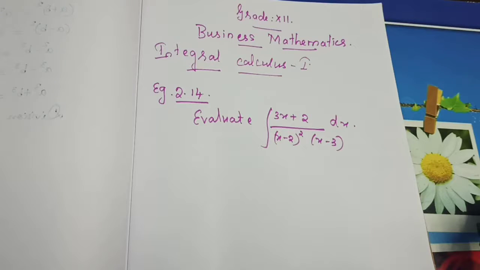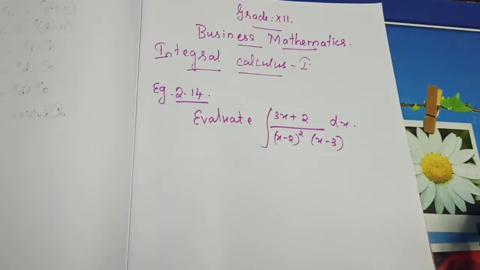Before we start this question, last year, in the second unit, you learned partial fractions. In our last class, I asked you to go through that second unit on partial fractions and the three types.